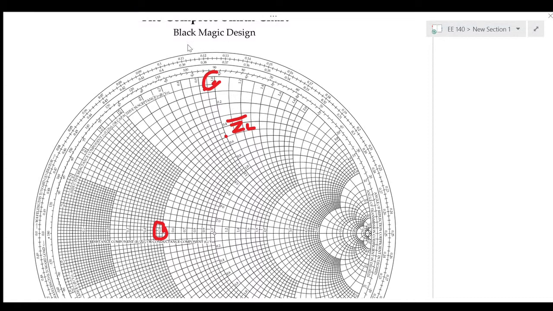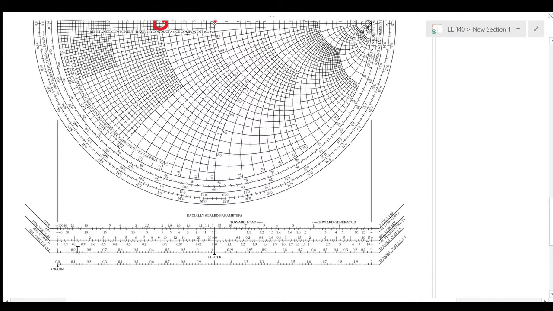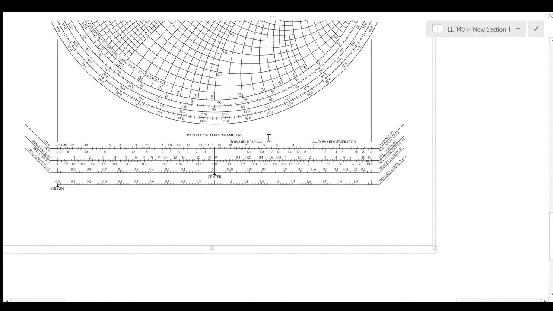Now, we are going to draw a line to the origin. So from ZL to the origin, that is going to be rho. Okay, so this value is rho. We take that length, rho, and we come down to this radially scaled parameters to find our VSWR value and our reflection at load magnitude.